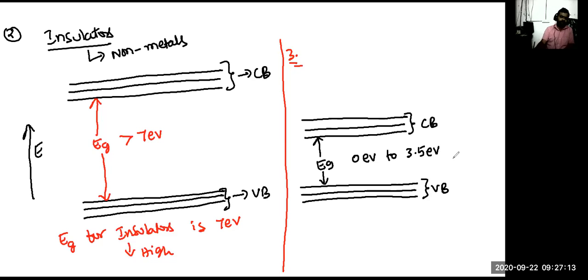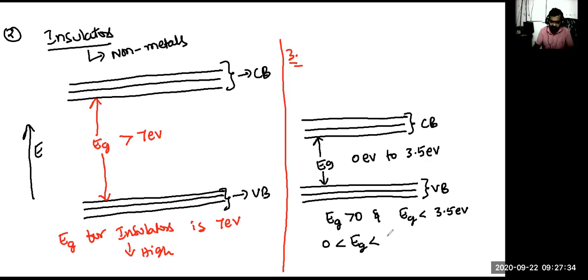So here Eg is greater than 0 and less than 3.5. I can write this as 0 less than Eg less than 3.5 electron volt. This is for semiconductors.